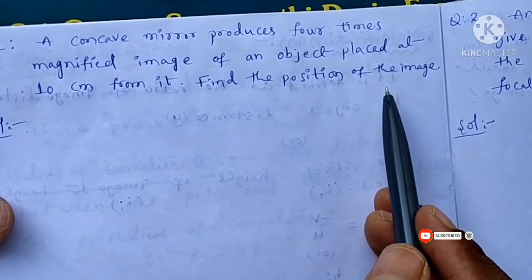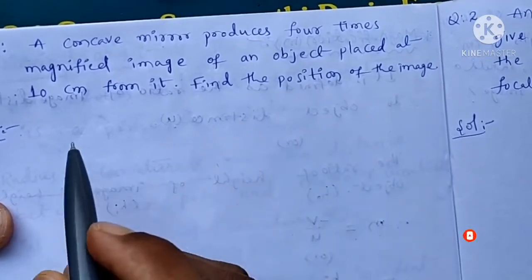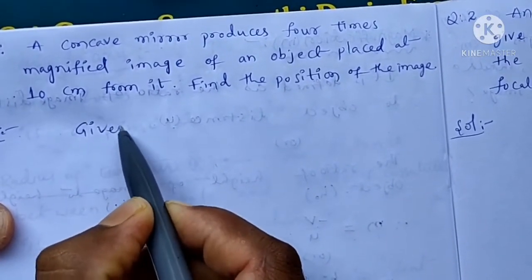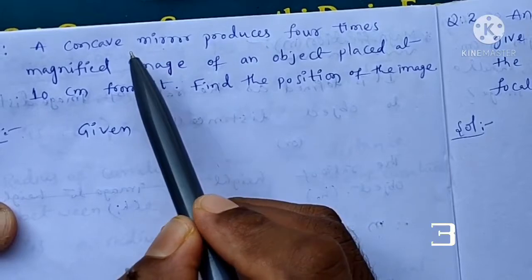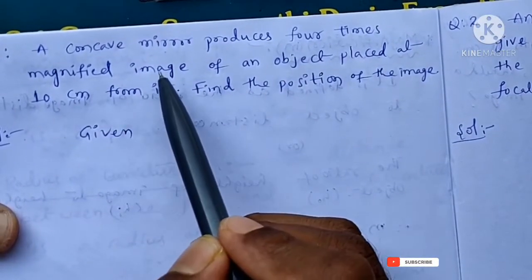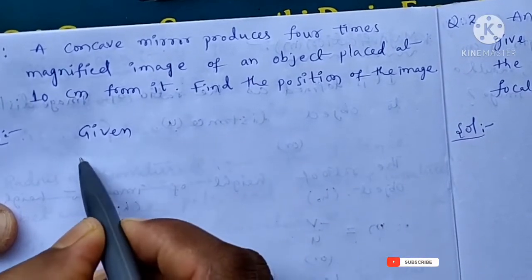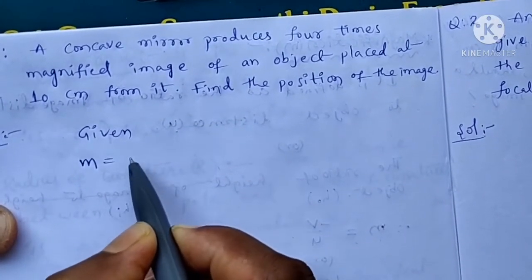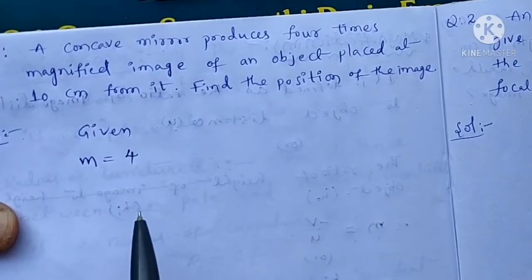First of all, we should write what is given in the question. Concave mirror produces 4 times magnified image, so magnification is given, m is equal to 4.